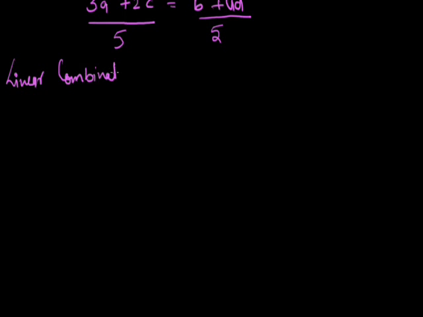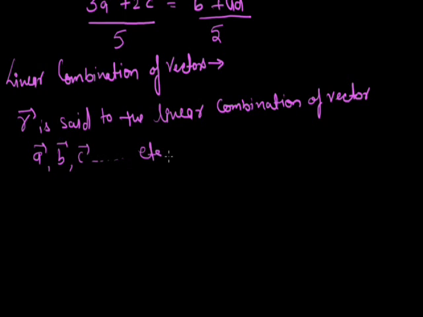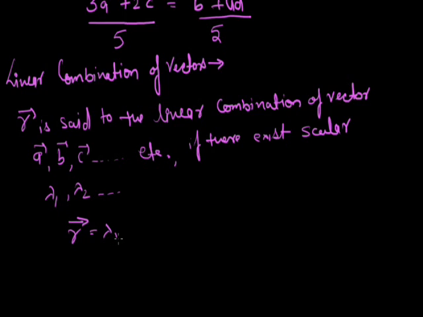Now the next topic is linear combination of vectors. R vector is said to be a linear combination of vectors A vector, B vector, C vector, etc., if there exist scalars lambda 1, lambda 2 and so on. So a linear combination of vectors is written as R vector equals lambda 1 A vector plus lambda 2 B vector plus lambda 3 C vector and so on.